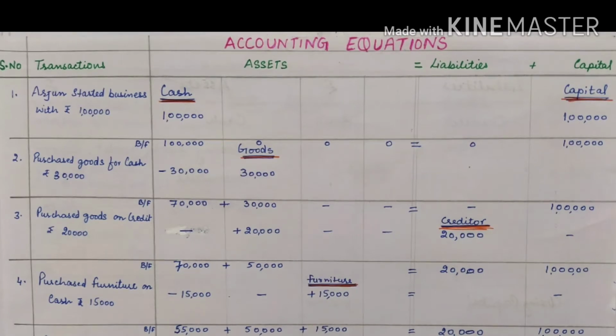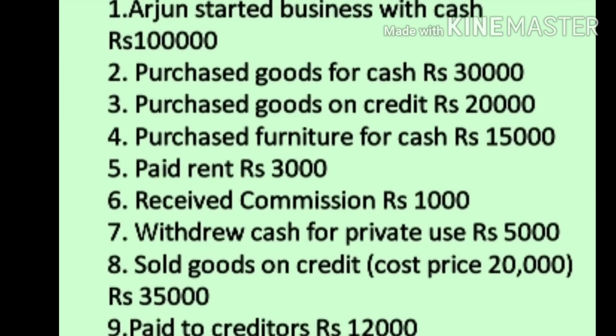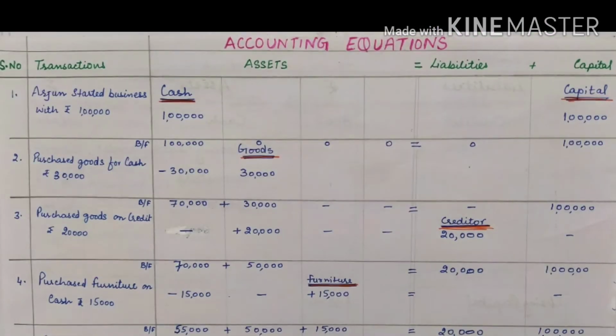Before moving on to another transaction, we have to carry forward the last transaction balance to the next transaction. The next transaction is purchase goods for cash rupees 30,000. Here find out two accounts in this transaction also. One is cash, as directly reflected in the question, and another one is goods. Both are assets; one asset is coming into the business and another one is leaving.